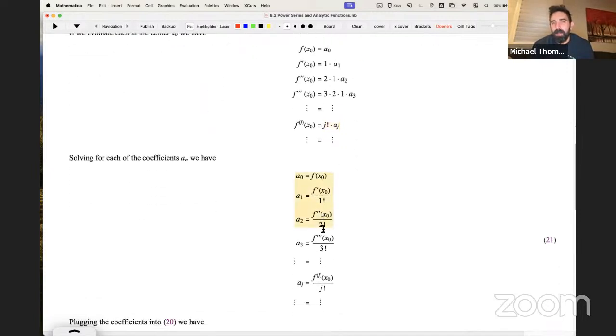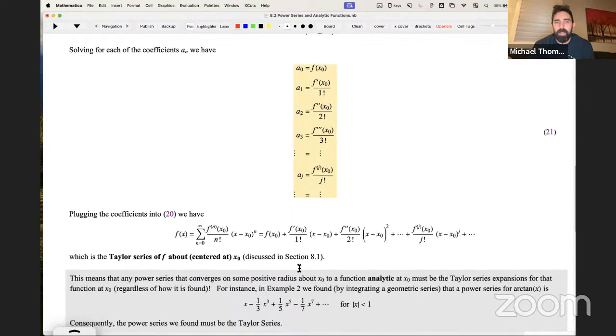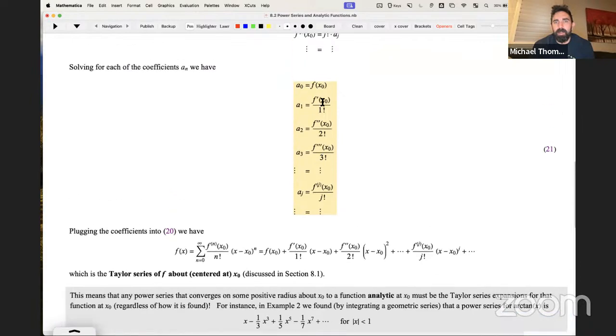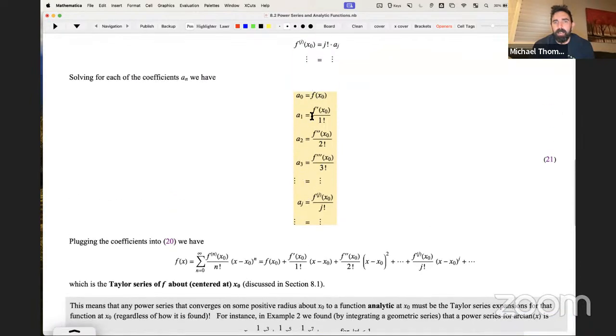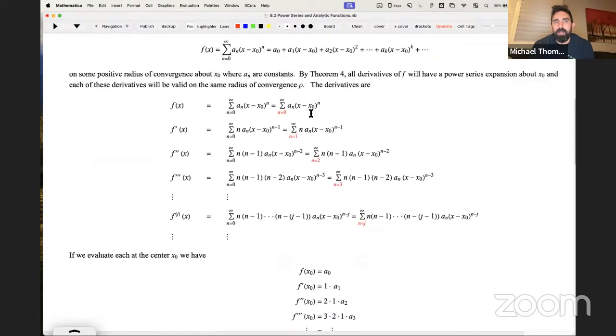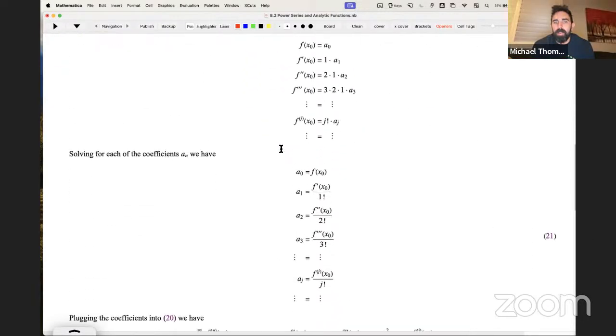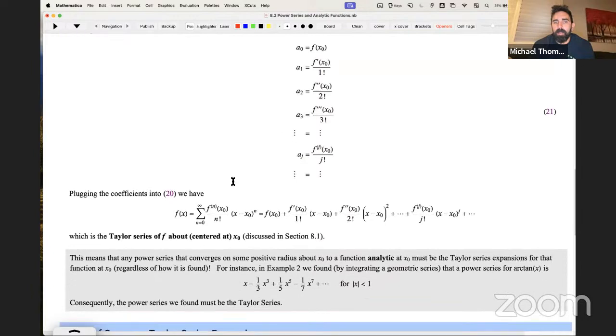So if you look at the coefficients that we get out, knowing that it's analytic, that means we can take each of these coefficients right here, and we can plug them back into our original power series right there, right? We've solved for them. Or in general, you could plug it in there for the nth one. And there you have it.